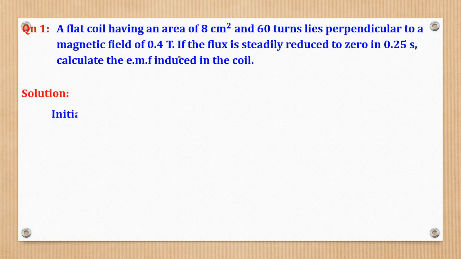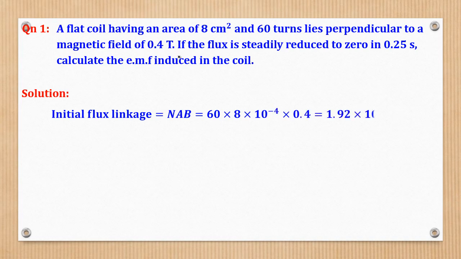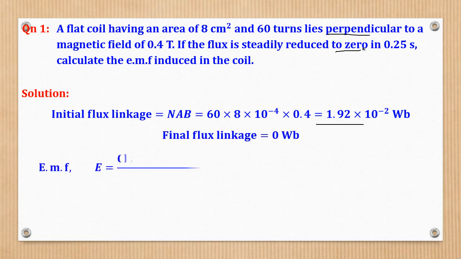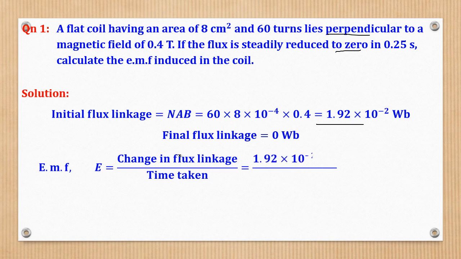So you have to get the initial and the final. Initial is NAB, because they said perpendicular, and the final is 0. So induced EMF will be change in flux linkage over time taken, and change will be initial minus final over time taken to give you this, and that is the answer they wanted.